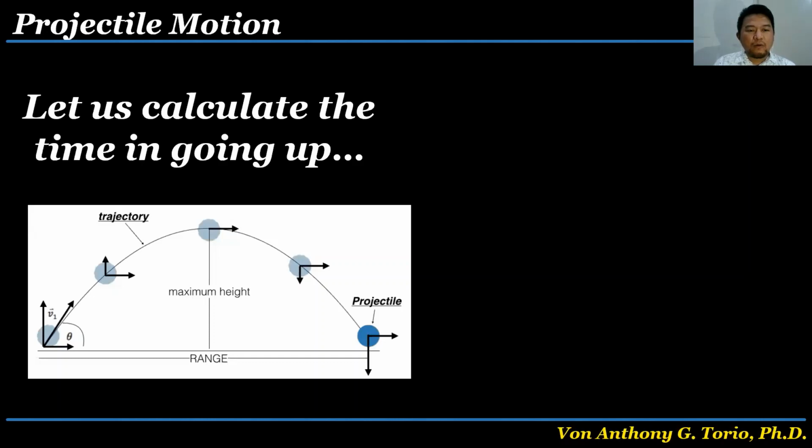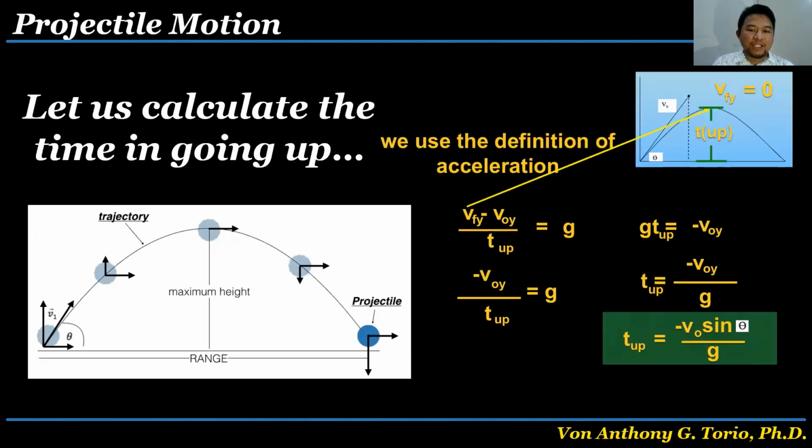So we can now consider how we can express time. In this case, we can consider the time in going up initially. Notice that for a projectile to go up, we can consider some of the basic quantities. Those quantities include, number one, the initial velocity, here v1.